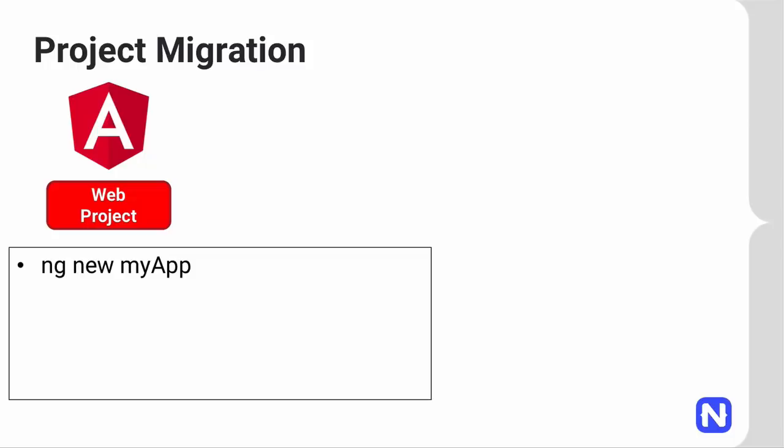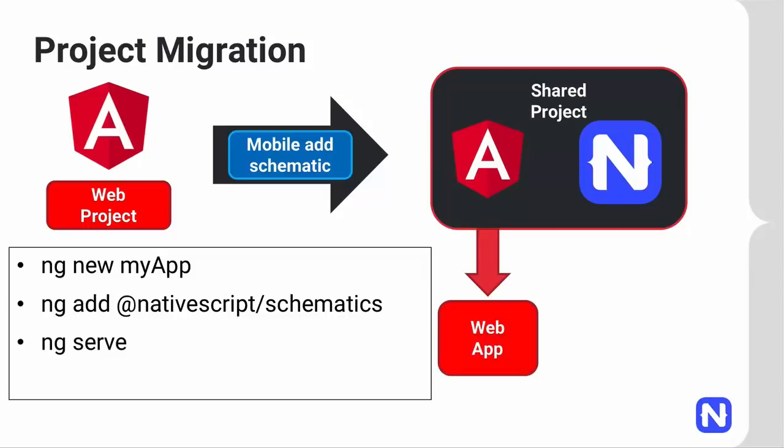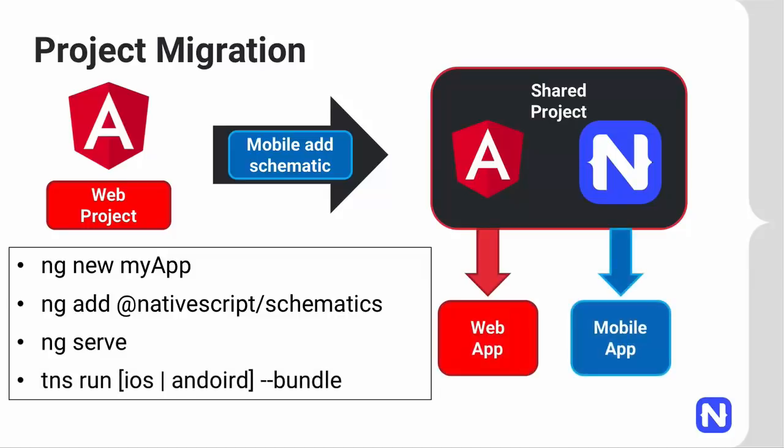So if you have a web project, you can call ng new my app, and then you can call ng add @nativescript/schematics, and then this will take your web project and convert it into a code sharing one. Then you could call ng serve or tns run ios or android --bundle, and then either get a web or a mobile application.